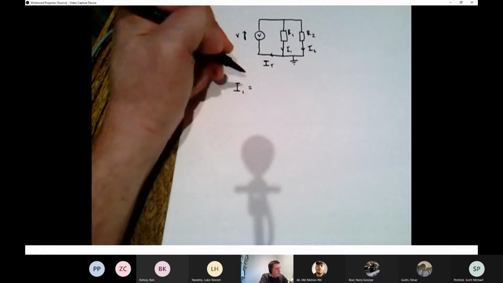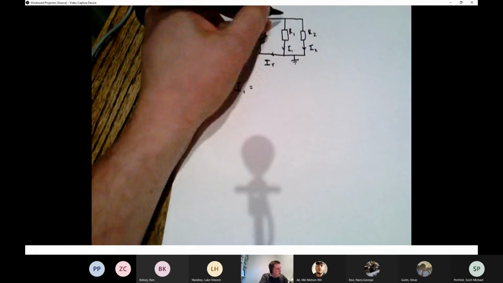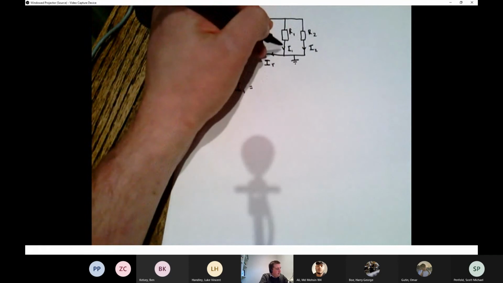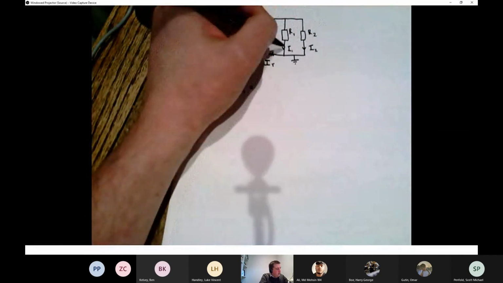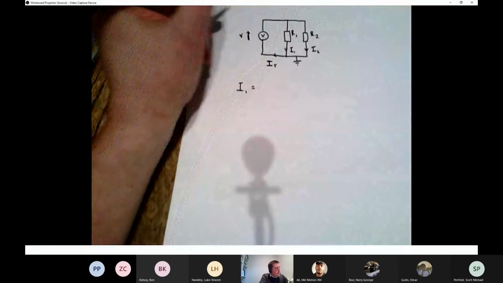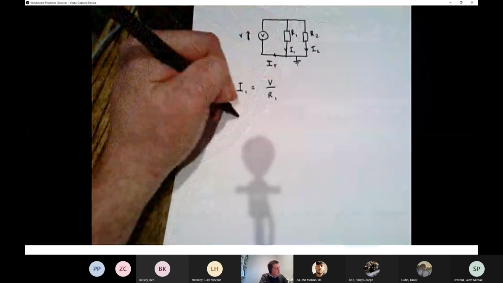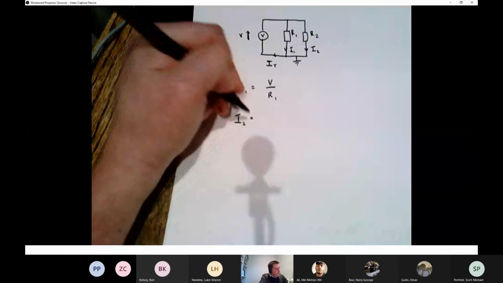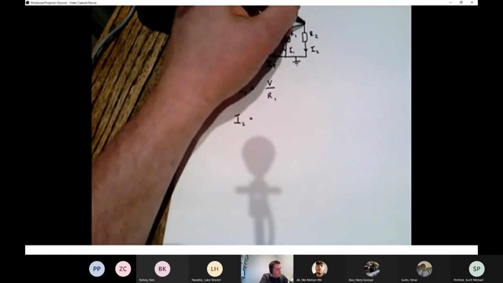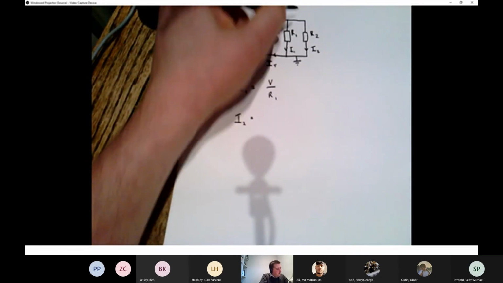I1 equals the current in this branch, which is the voltage across R1 divided by R1. So it's just V divided by R1. I2 equals the voltage across R2 divided by R2, V divided by R2.